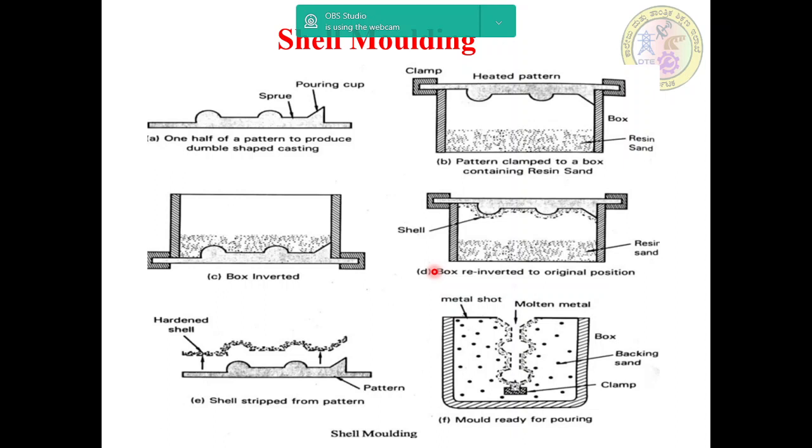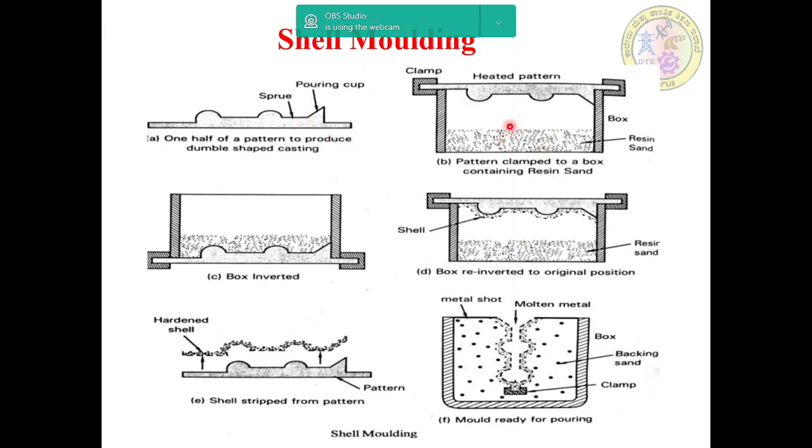In this process, first you have to prepare one half, afterwards you will go for the same procedure, and prepare another half. The sand mix consists of some washed and dried fine sand, and some thermosetting binder plus binder resin.